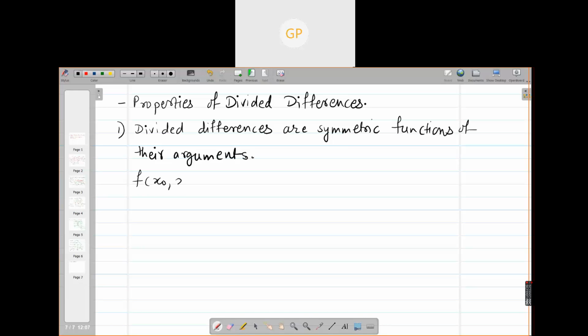What is f[x0, x1]? Tell me the formula. f(x1) minus f(x0) upon x1 minus x0. We take last minus first. So this is a ratio, and in the numerator and denominator both you have a difference.